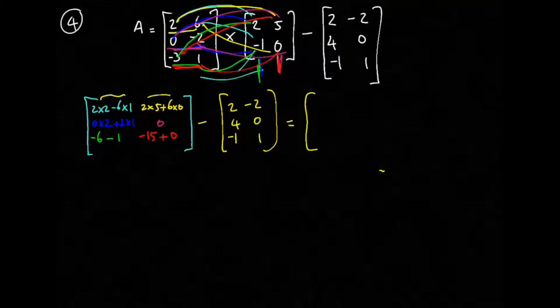So we've got 4 minus 6 is negative 2. We've got 10 plus 0, 10. 0 plus 2, which is 2. Then we've got 0 here, negative 7, and negative 15. And then again, you carry this across to subtract.